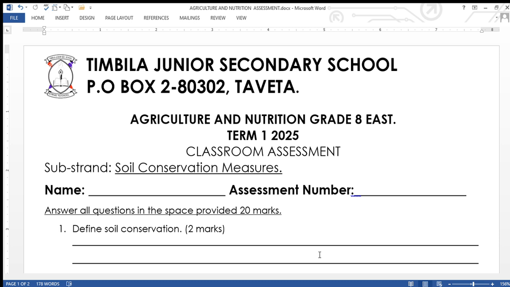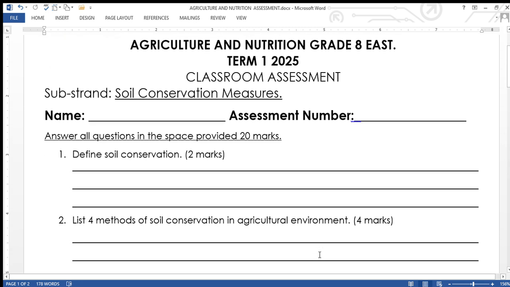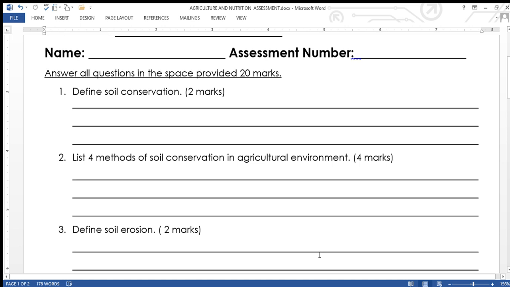Now, the next question. Let me have group 4. Can you read the question? List 4 methods of soil conservation in agricultural environments. 4 methods of soil conservation.